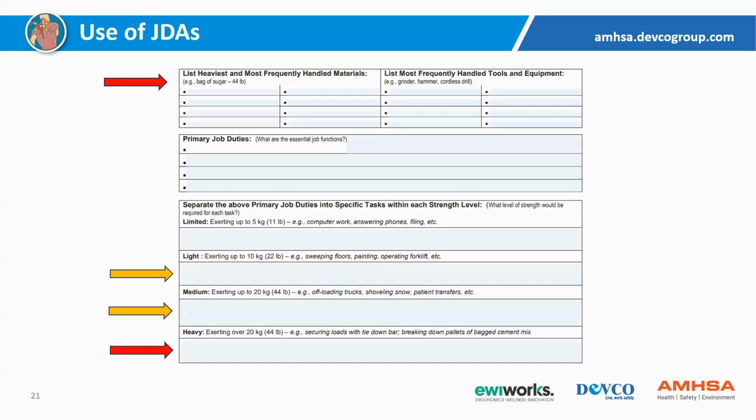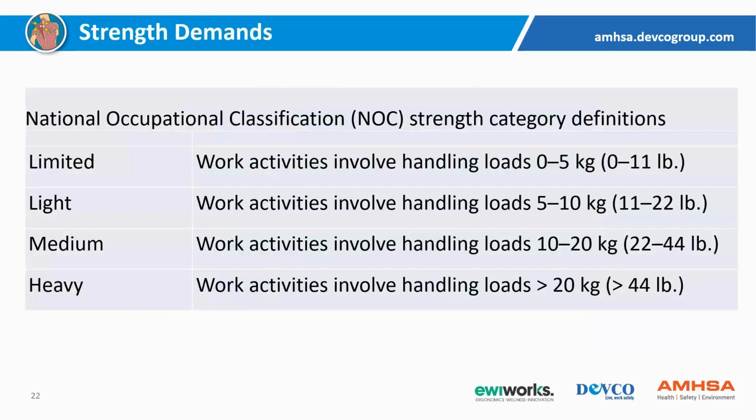Okay. And then if we look at the different ratings here for weight, these are standard, this is what WCB references in all their documents. As I said, items that are greater than 20 kilograms are rated as heavy. That's regardless of where they are. But you could have something in that light category, 5 to 10 kilograms, that if it's in an awkward position or it's done frequently enough, could still be of concern.